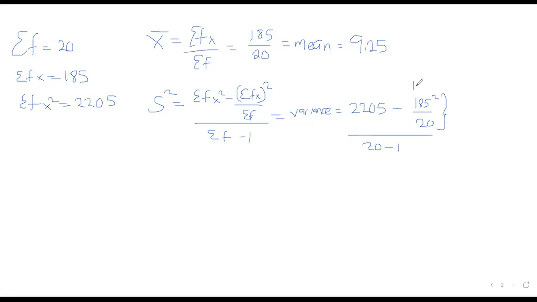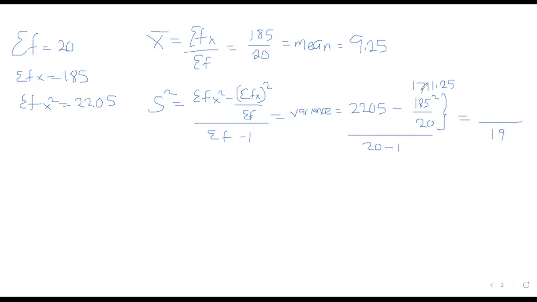1,711.25. So what is 2205 minus 1711.25? 20 minus 1, at least we know this one is 19.